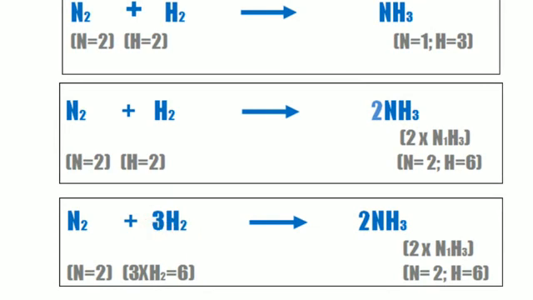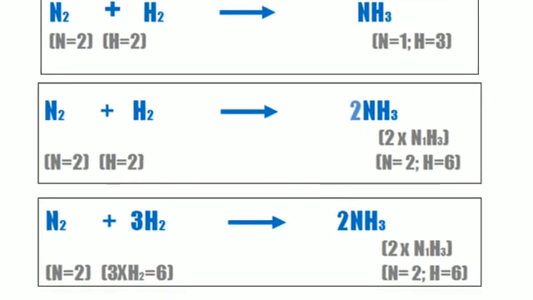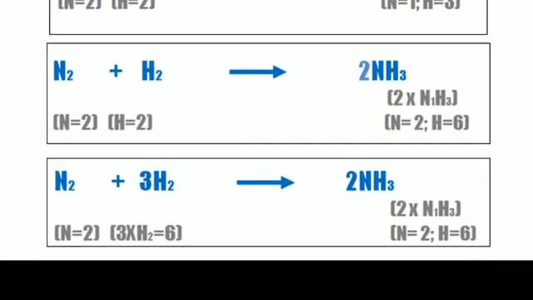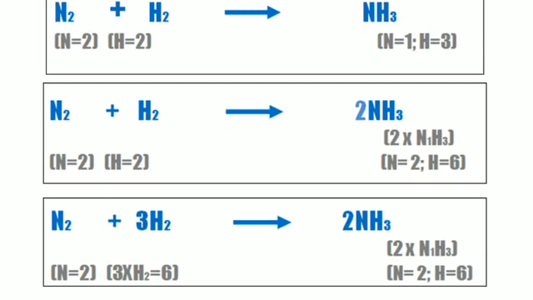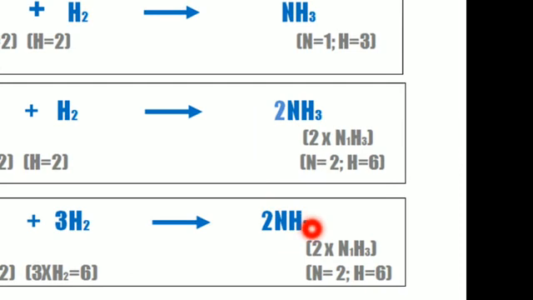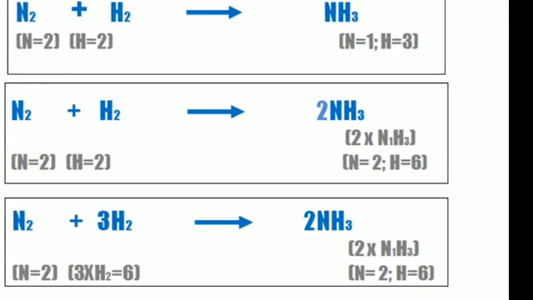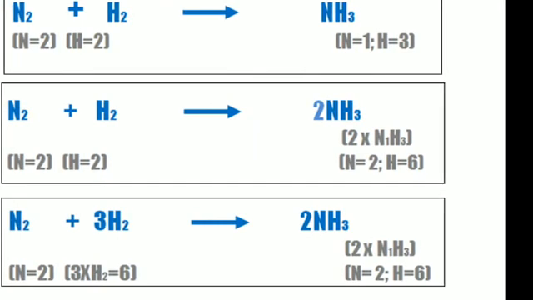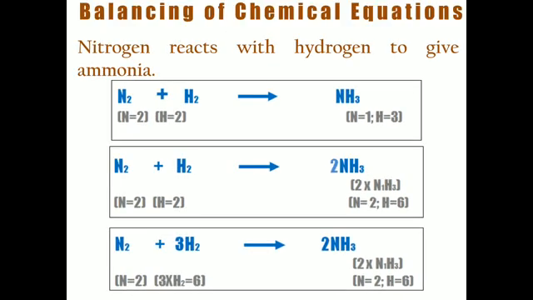So hydrogen will become 6 because 3 into 2 is equal to 6 and nitrogen is already 2. So here nitrogen is 2, hydrogen is 6, and on the right side also the same scenario, nitrogen is 2 and hydrogen is 6. Now we can see both sides are equal in the number of nitrogen and hydrogen atoms. So this is how we can balance the chemical equation.